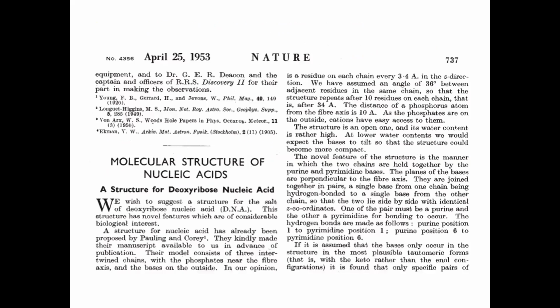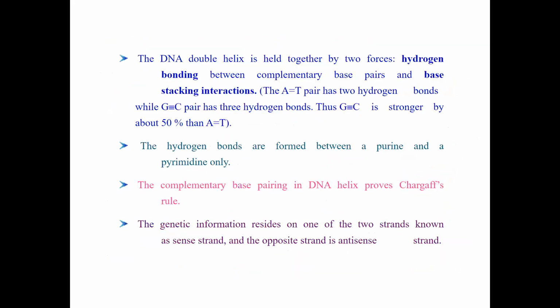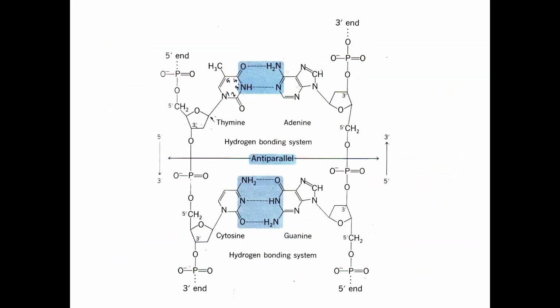And this is the simple paper, Molecular Structure of Nucleic Acids. It is 1.5 pages, which actually revolutionized molecular biology. The Watson and Crick model of DNA structure. Here is the description. Possibly you studied it in your biochemistry class. I am not going through it line by line, and you can get all the information.